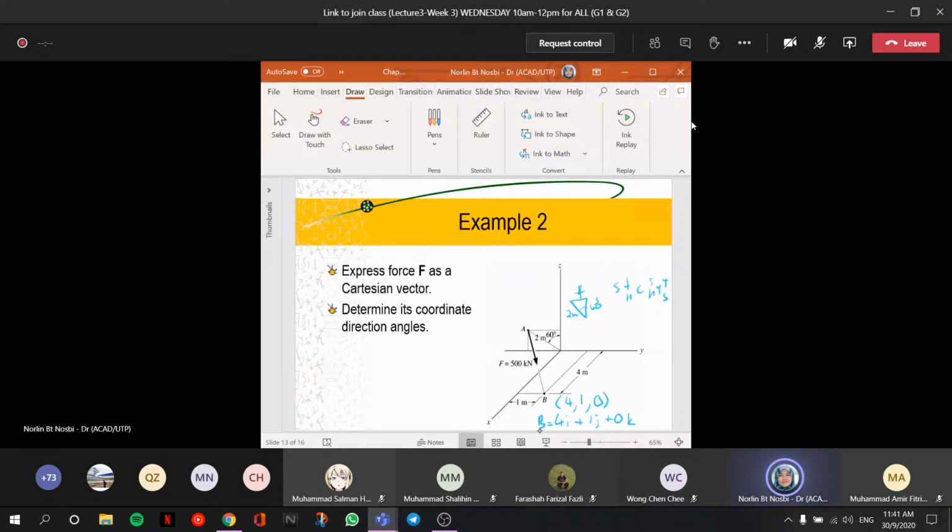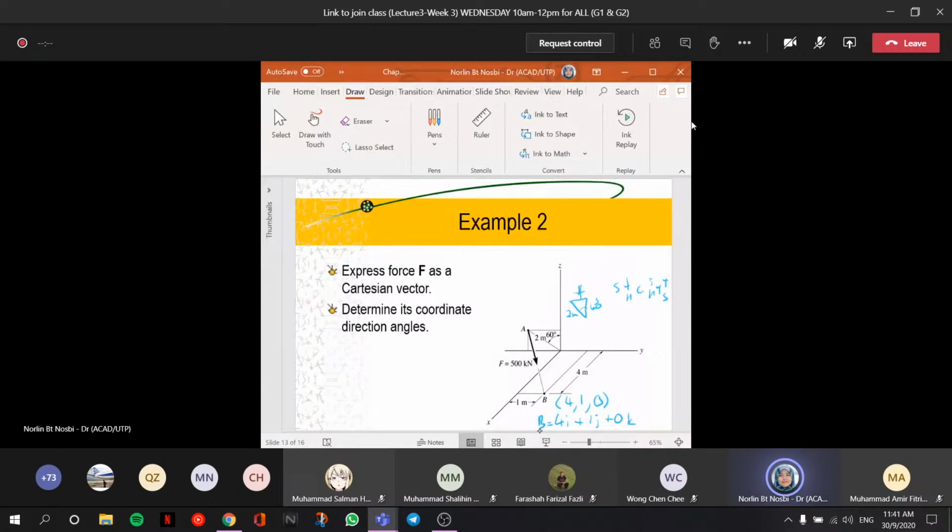If you want to find the x direction, what is the value for x? For A, x is 0. There's no coordinate at x.